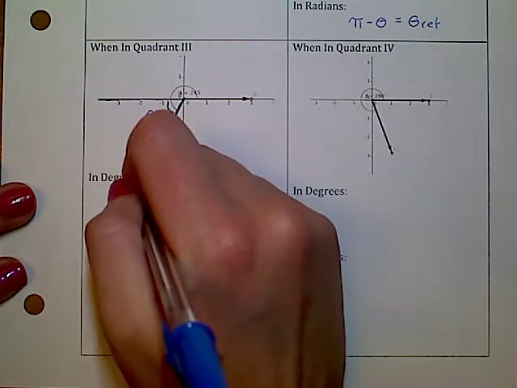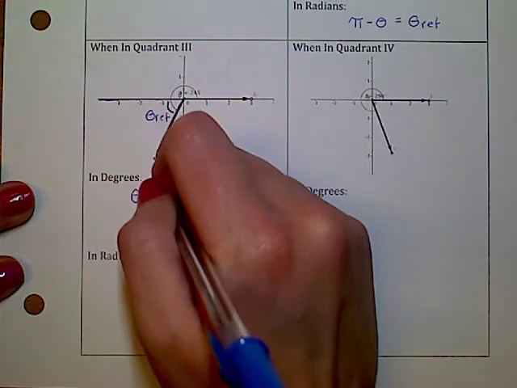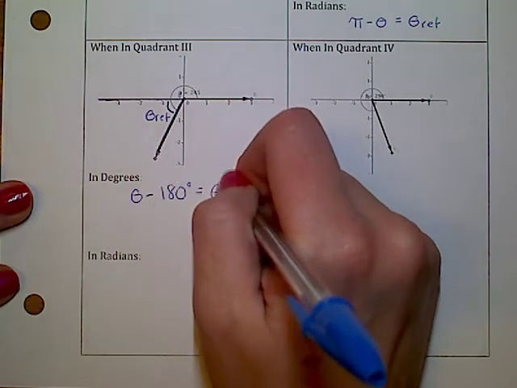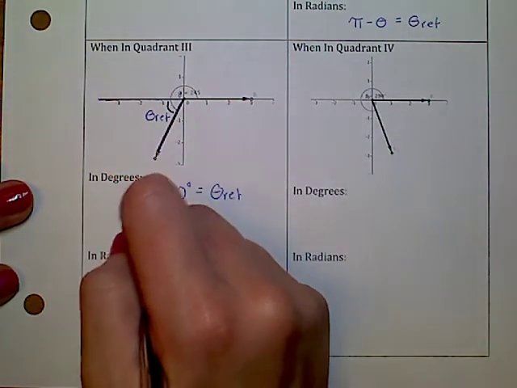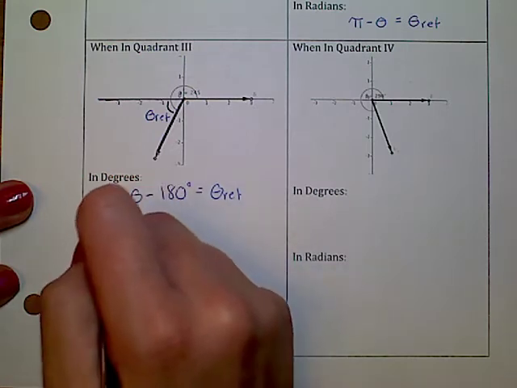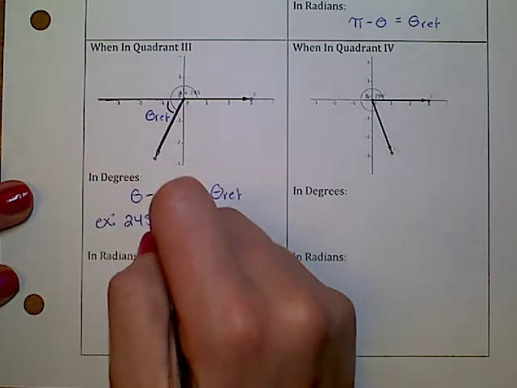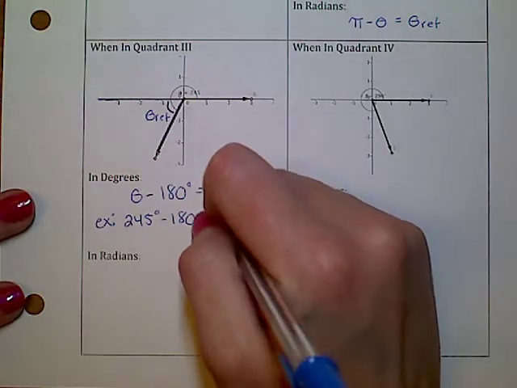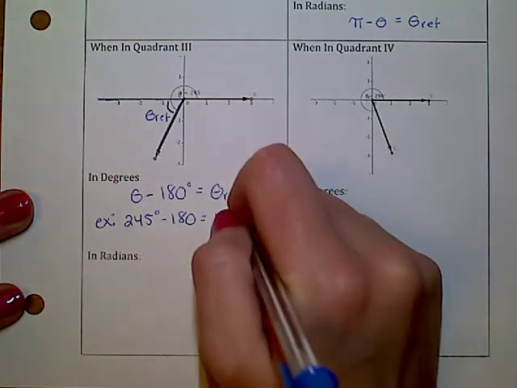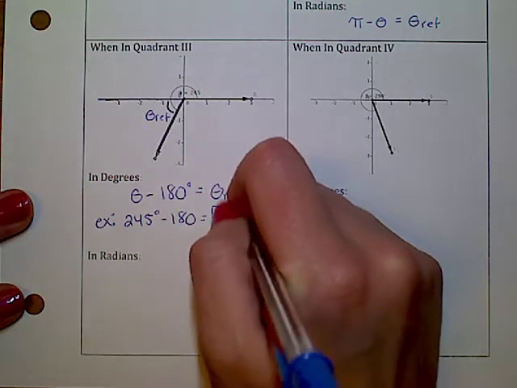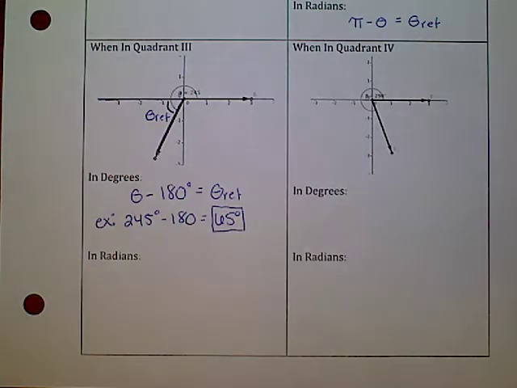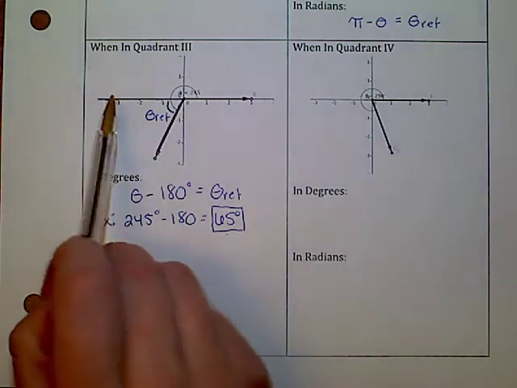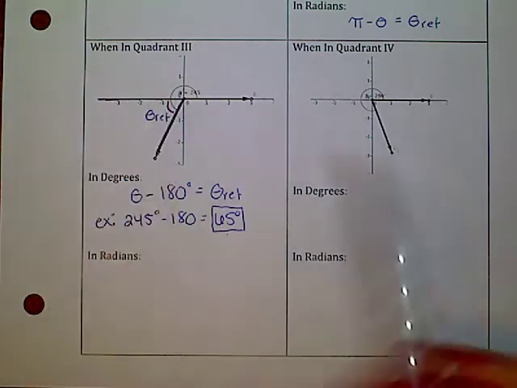So to do that, you take your angle, theta, and you subtract 180 degrees. So in this case, we'd be taking 245 degrees, and we subtract 180, which is going to give me a reference angle of 65 degrees. Okay? Again, that's non-obtuse, it's positive, it's formed with the terminal side and the closest part of the x-axis.